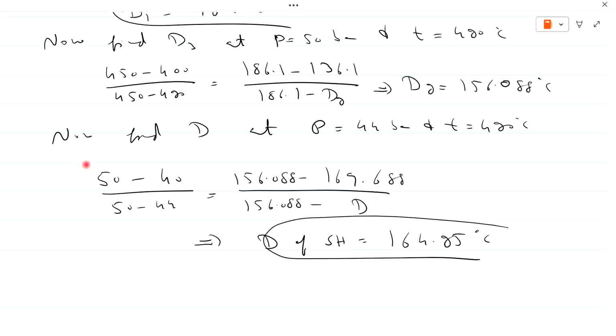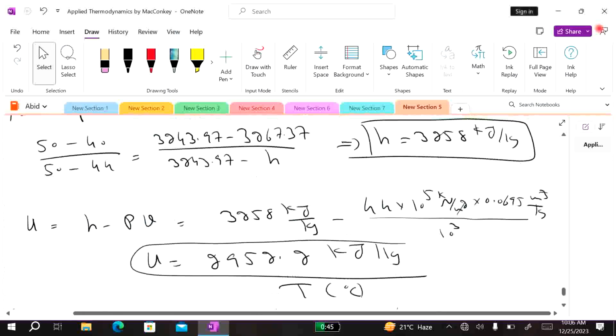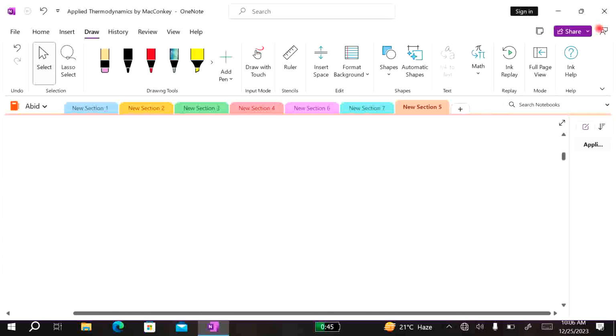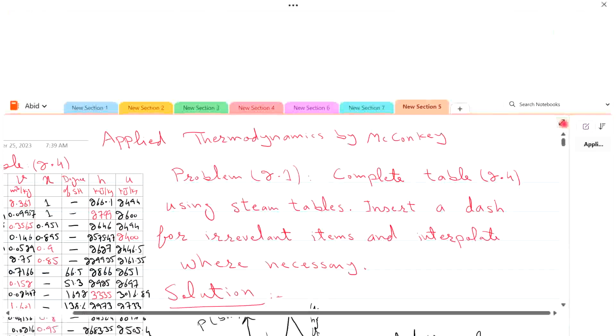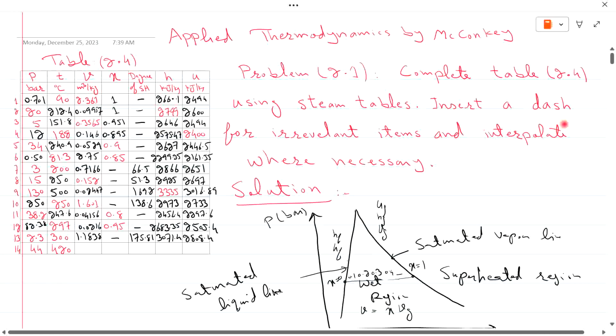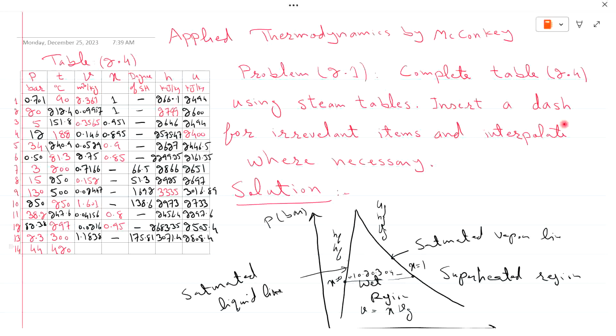So put these values in row number 14. So at row number 14, degree of superheat is 164.28 degree centigrade.